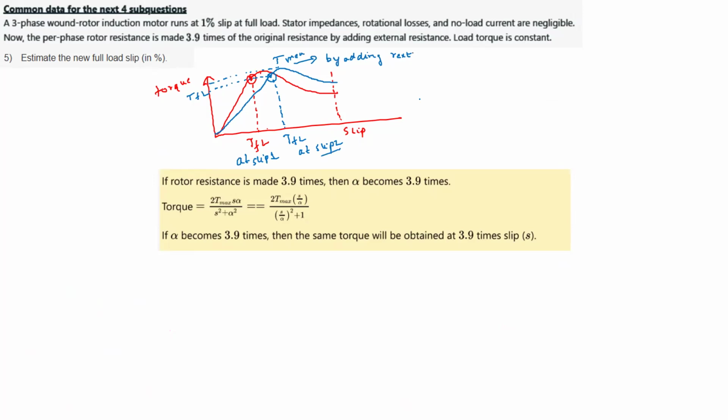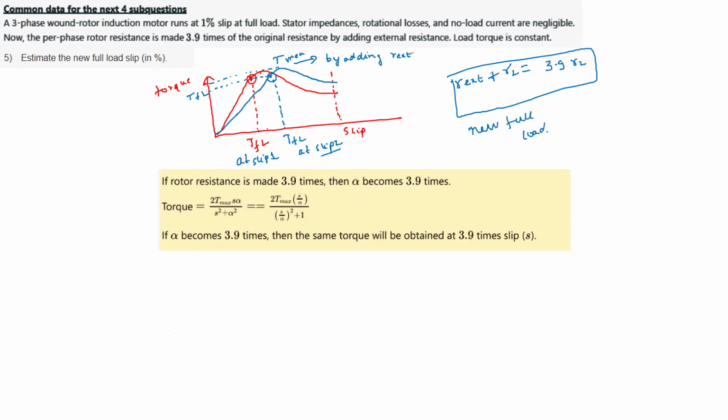They're asking that if you have added the R external such that R external plus R2 has become 3.9 times R2, what happens to this full load slip? What is this new full load slip?